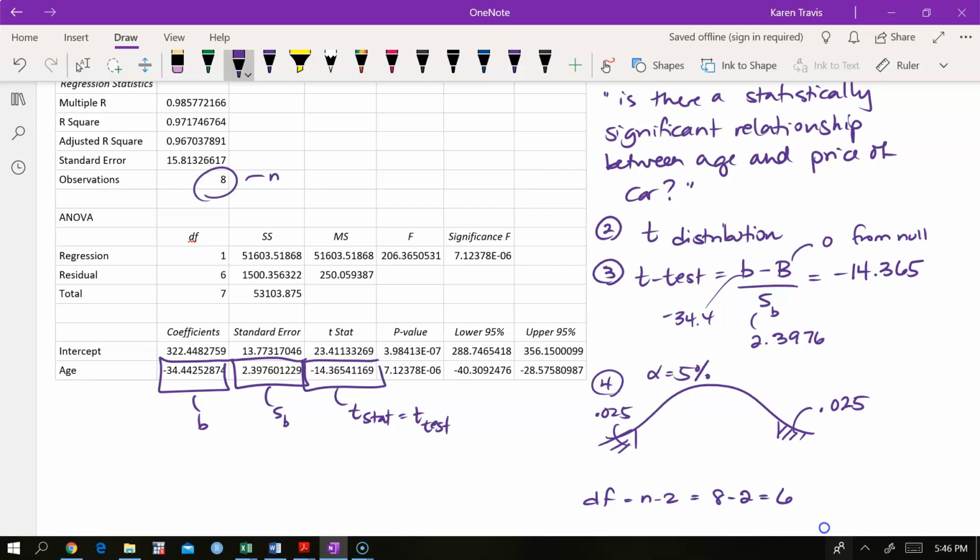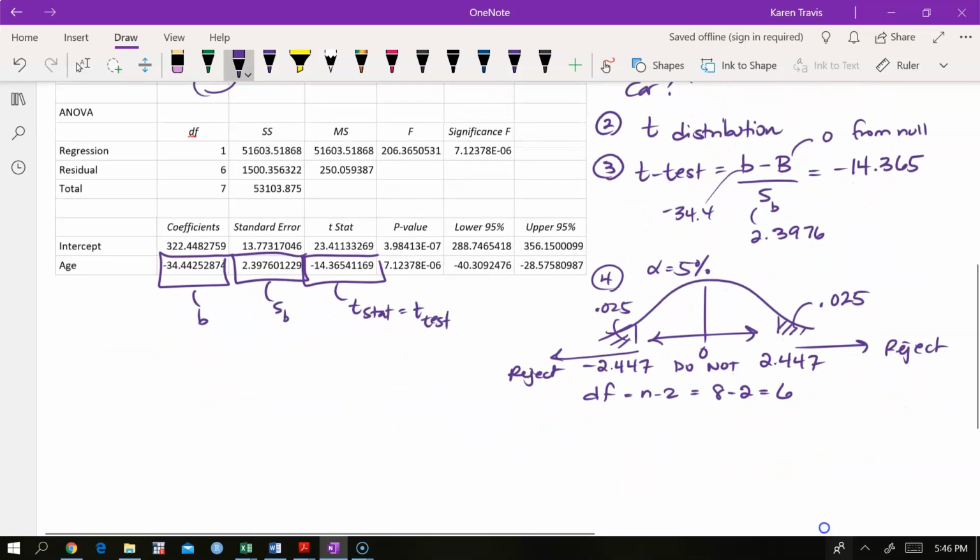And from our t-table, with 6 degrees of freedom and a 2.5% tail, we have a critical value of 2.447 on the right-hand side and a negative 2.447 on the left. Each of those are where we reject the null, and in between we do not reject.